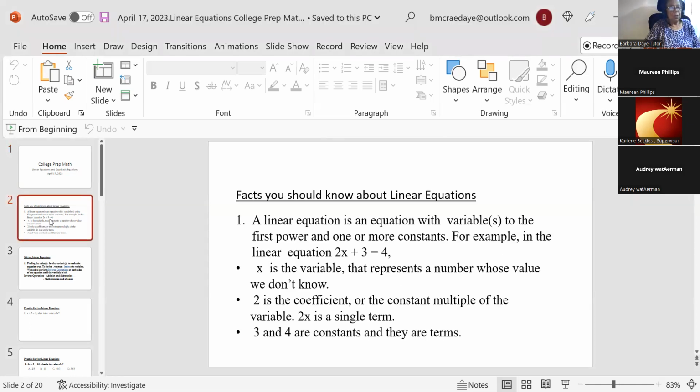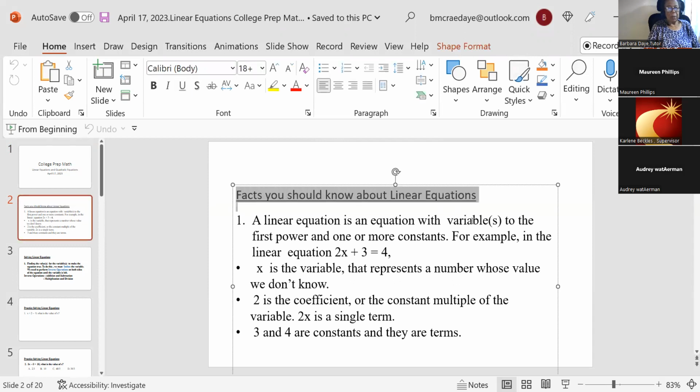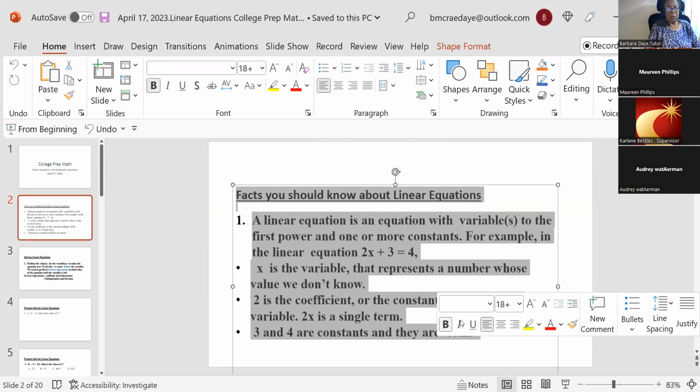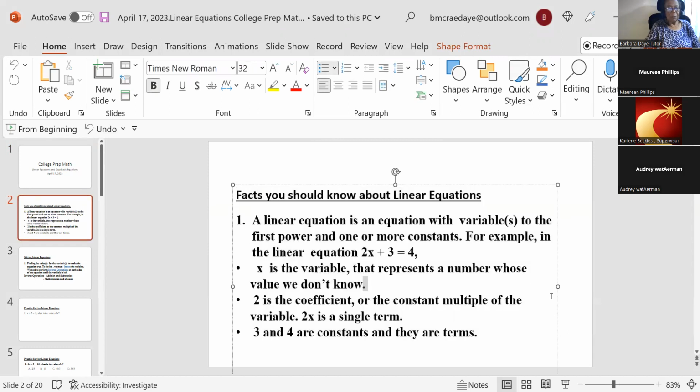Okay. Some facts you should know about linear equations. Can you see the screen? Okay, so make a little break there. You need it, okay. Let me make it bold. That better, Audrey? Okay, yes, a little better.